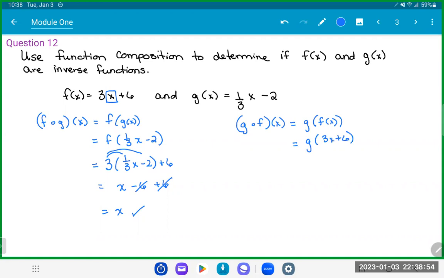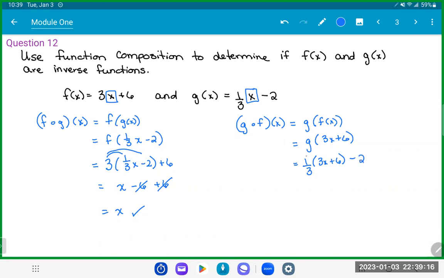And so everywhere I see an x in my g function, which occurs right here, I'm going to substitute in that 3x plus 6. So that gives me 1/3 times 3x plus 6, minus 2.